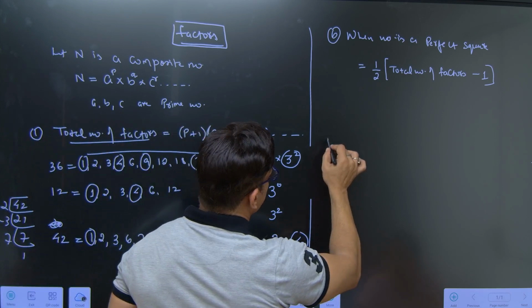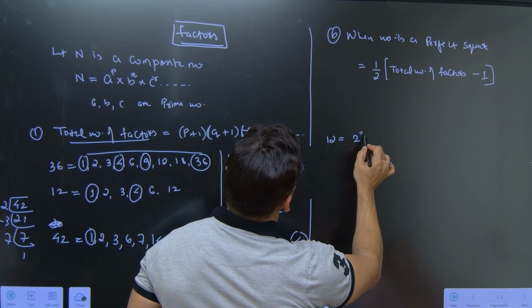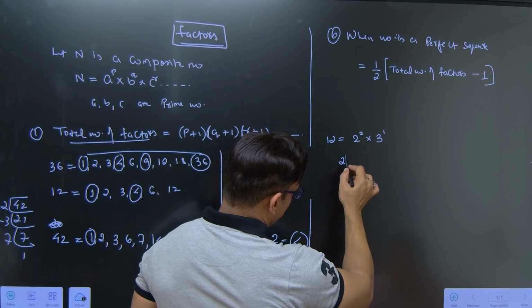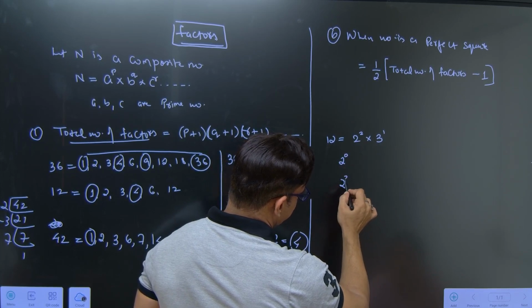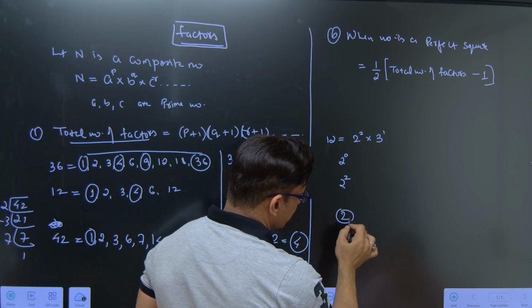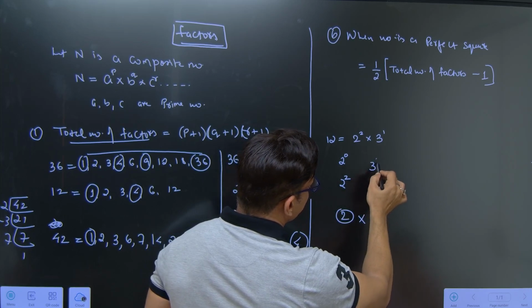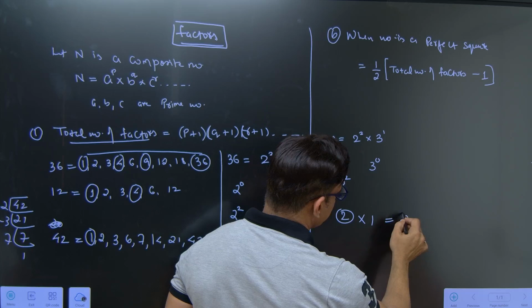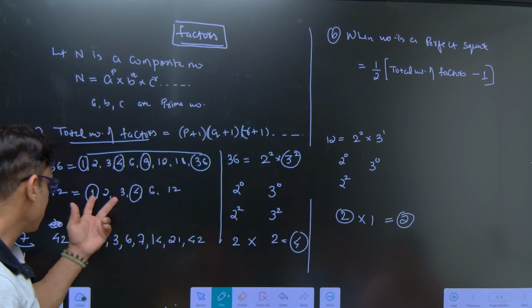The same thing should work for 12. Prime factorize 12: 2 square into 3 raised to the power 1. For 2 you get perfect squares at power 0 and 2, and for 3 you get a perfect square at 3 raised to the power 0 only, which is 1. So 2 into 1, you get 2 perfect squares.